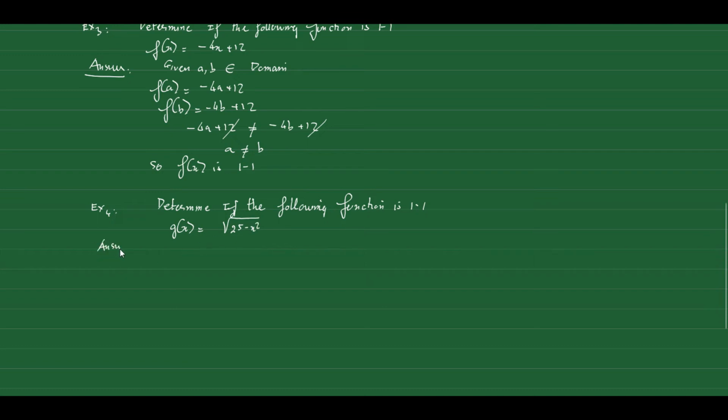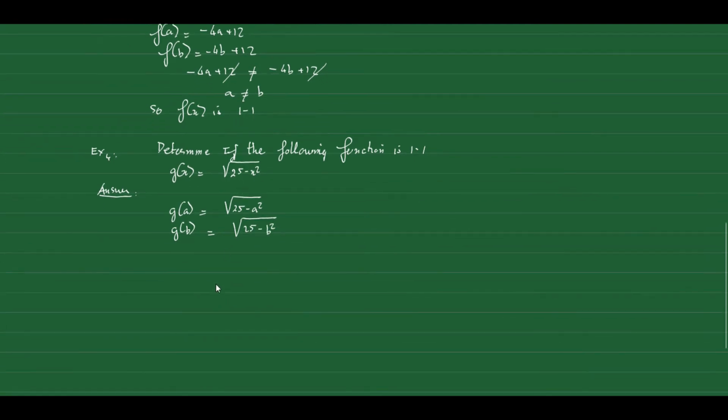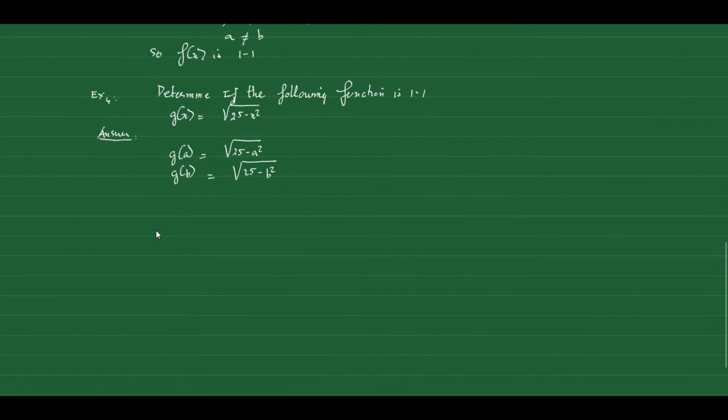Alright, so let's start. Okay, let's start with g(a). Okay, g(a) you're going to plug it in, and g(b) we plug it in. So if we can show that a is different from b, given g(a) different from g(b), then we're done.